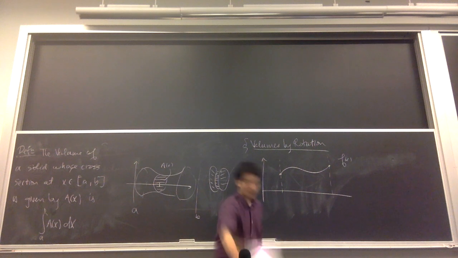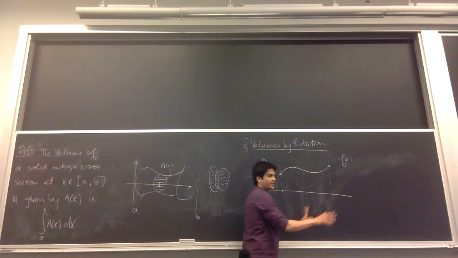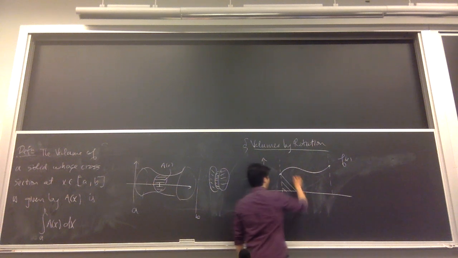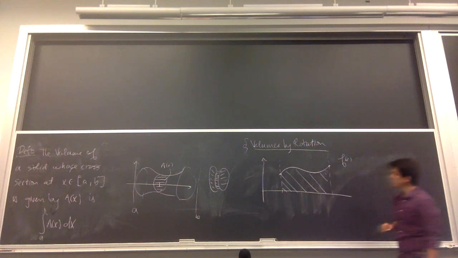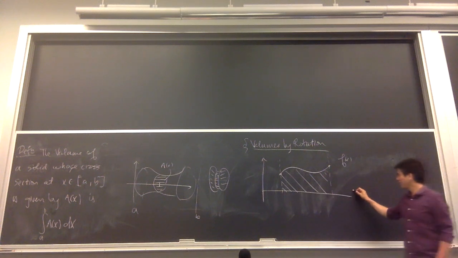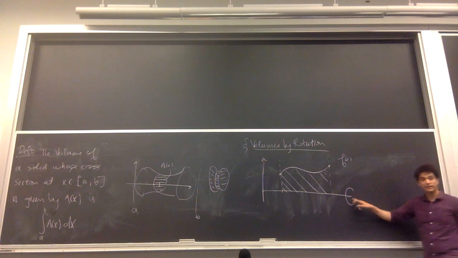Okay, so here's what you have to imagine. Like I've cut out a piece of paper, right? So this area is occupied. And what I'm going to do is rotate this around the axis. That's what this symbol means.